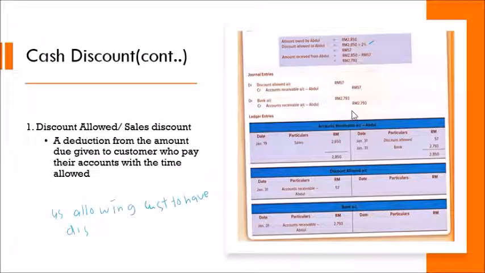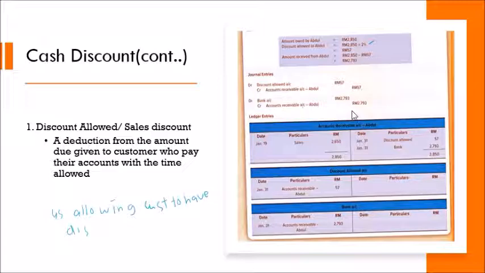So you debit check, which is the bank, and credit the account receivable since Abdul has made the payment, amounting to RM2,793. Okay, so you have to look at the book while listening to this explanation. If not, you won't be able to understand. Or if you don't have the book, just zoom in on the slide picture. It has the details here.